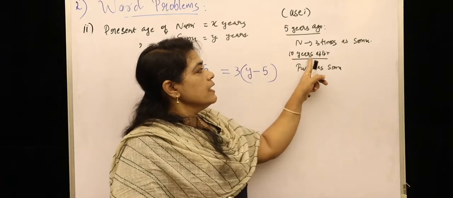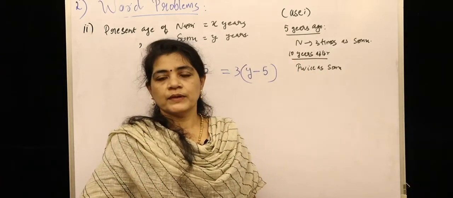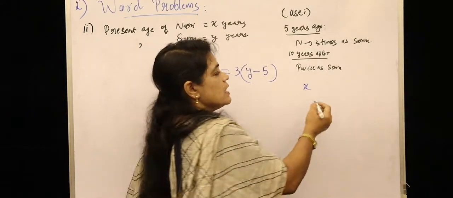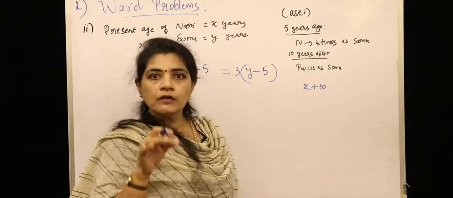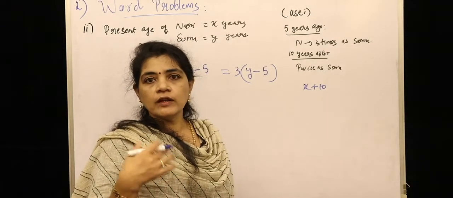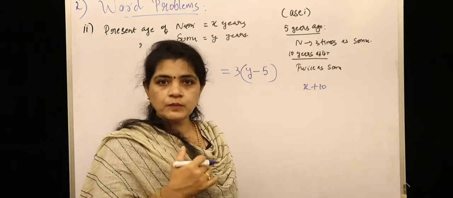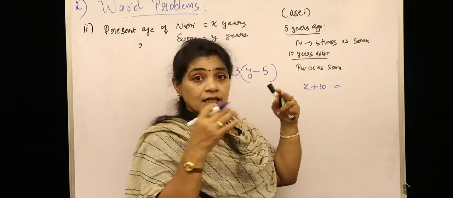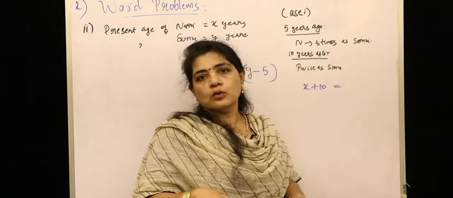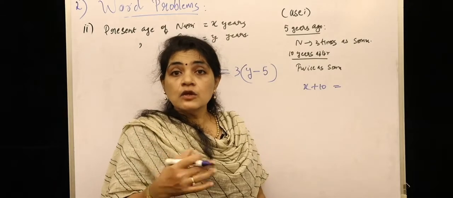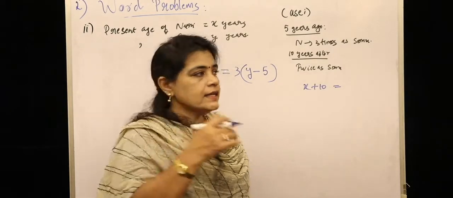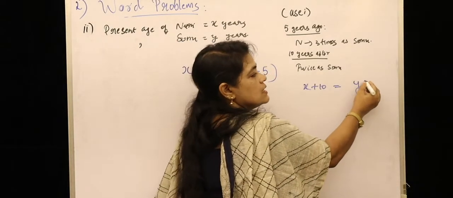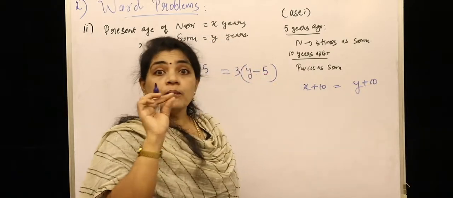Secondly, 10 years after, present age is x for Noori, so he will be x plus 10 after 10 years, right? Suppose you are now 15 years. After 10 years you will be 15 plus 10. So x plus 10. And this will be equated to the second case, twice as Sonu. After 10 years, Sonu's age also changes. At present his age is y, so after 10 years his age will be y plus 10.